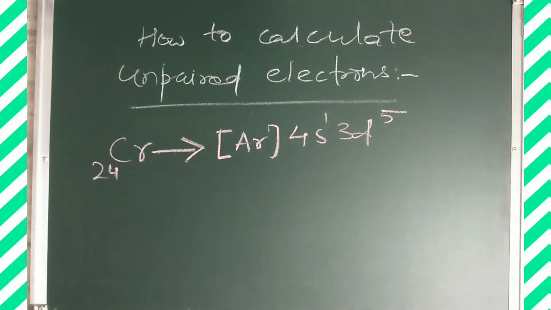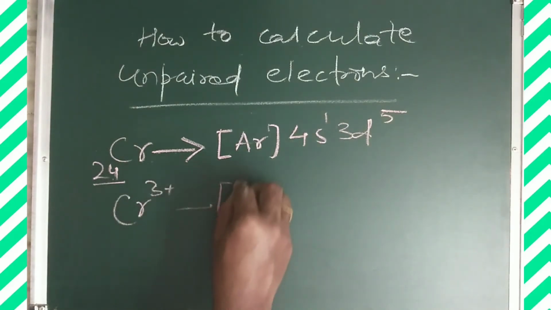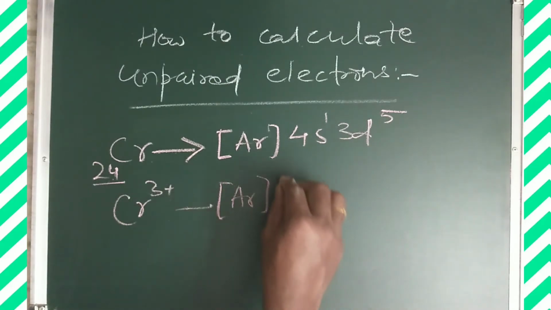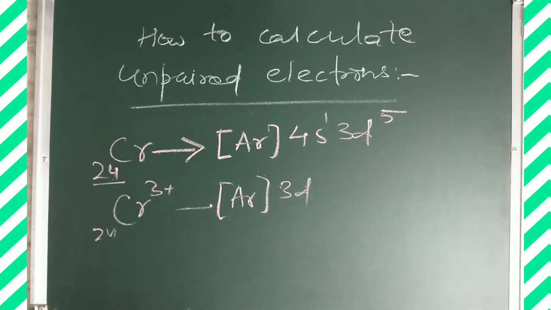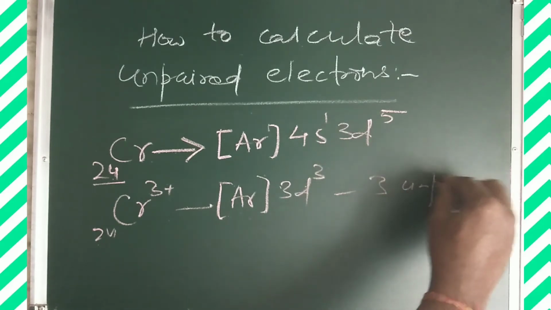Now coming to chromium. Chromium has a special configuration of 4s1, 3d5. Suppose they ask you to find chromium 3+. It will be argon; chromium is 24, 24 minus 3 is 21, so 3d3. So it will have 3 unpaired electrons.